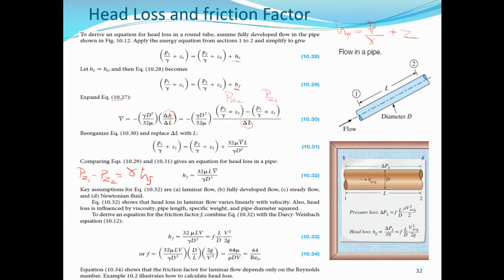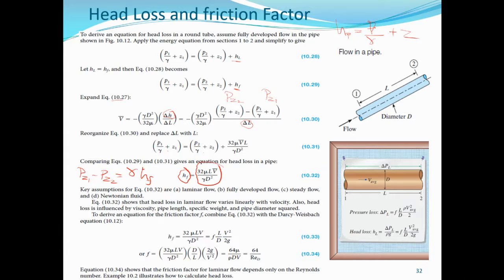So PZ1 minus PZ2 is now HF into the remaining terms, using the average velocity.